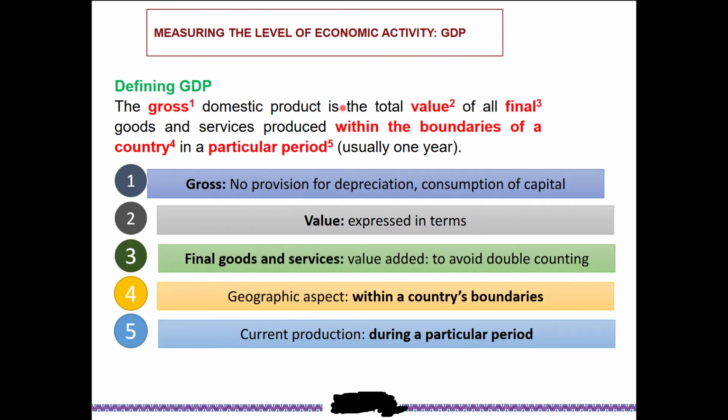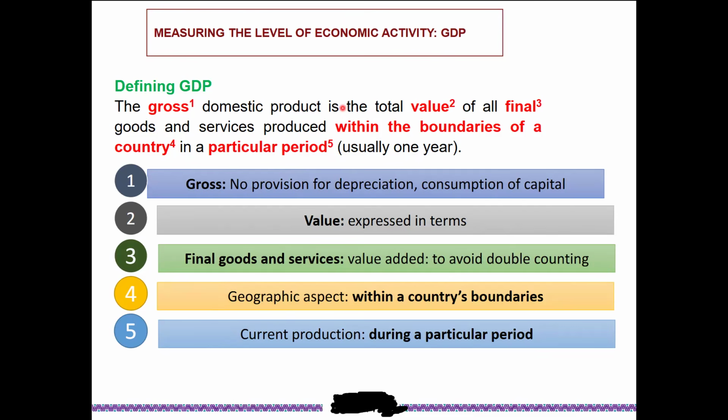And then final goods and services basically means we avoid intermediate goods in order to avoid double counting, right? Because if we add intermediate goods, our GDP will not be a true reflection of the total production.